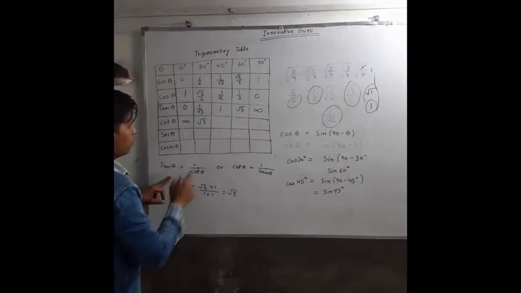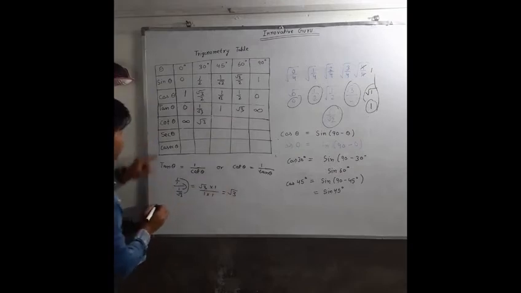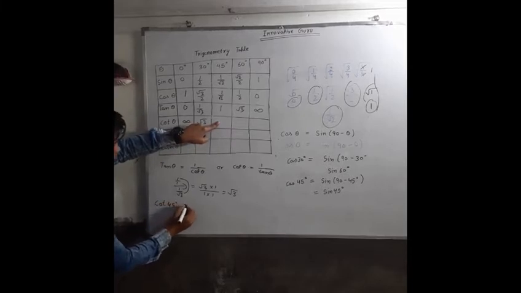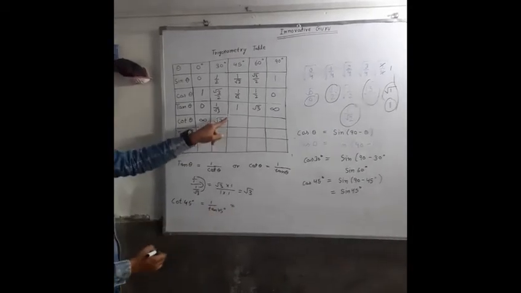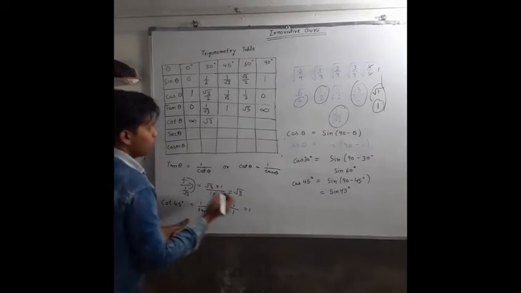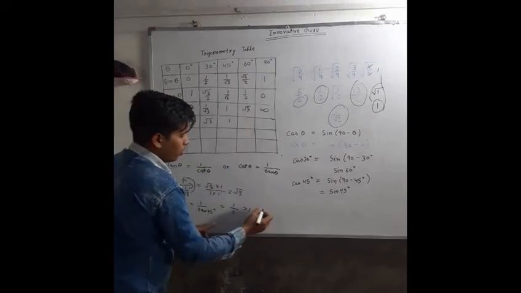And for the next, you have to find cot 45. 1 upon tan 45. So what is the value of tan 45? It's 1. So divide 1 upon 1. So the answer is 1. Now again divide root 3 from 1.